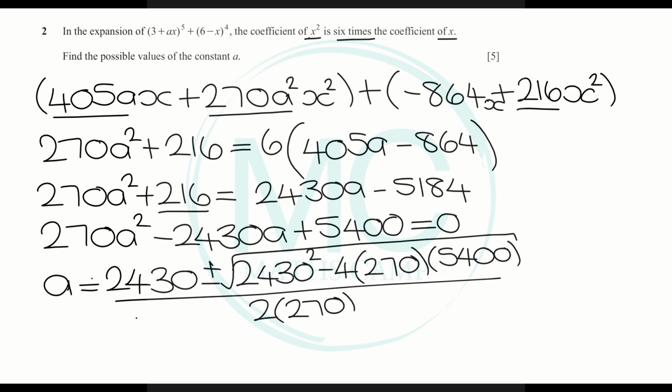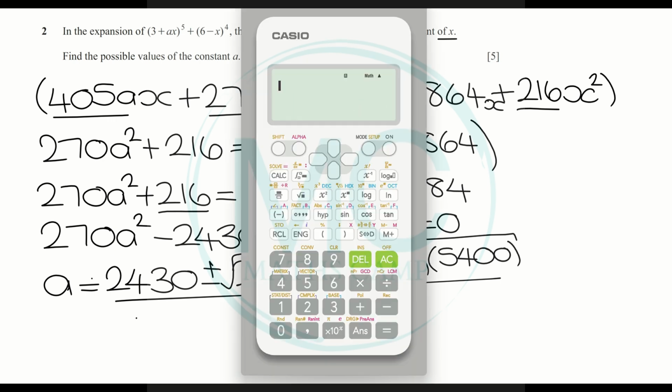Now I can take my calculator and let's find the value of the root. So I can say 2,430 squared minus 4 multiplied by 270 multiplied by 5,400 is equal to, let's square root, and I get 270.